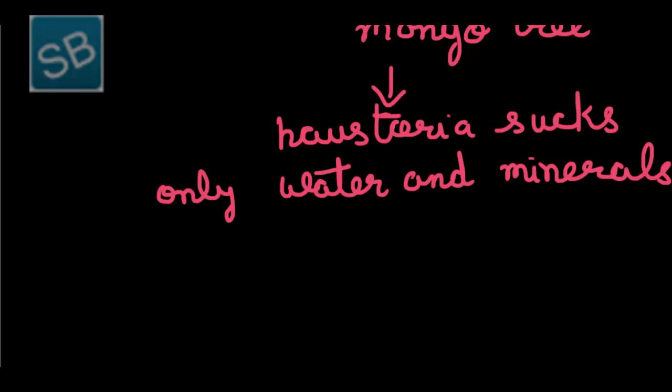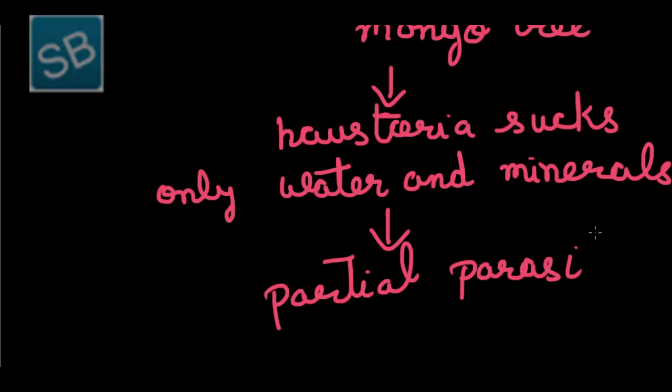Since it has its own leaves and can prepare food by photosynthesis, it does not use food from the host. Thus, Loranthus acts as a partial parasite. Cuscuta acts as a total parasite since it sucks water, minerals, and prepared food from the host. On the contrary, Loranthus acts as a partial parasite because it sucks only water and minerals and not food, since it prepares food on its own.